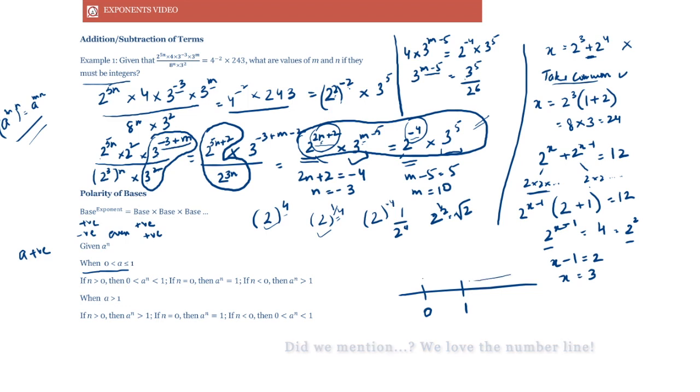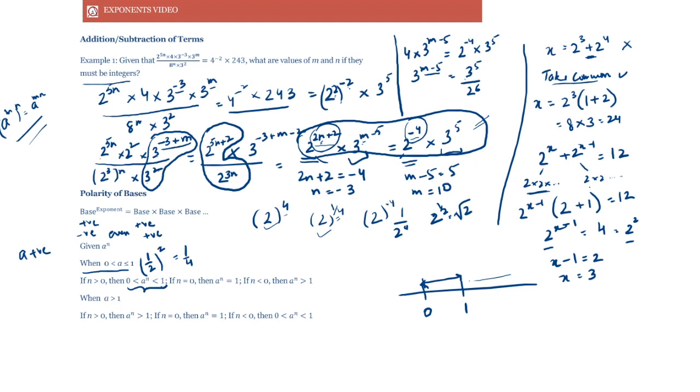When A is between 0 and 1, if n is greater than 0, then A to the power n is between 0 and 1. So what do I mean by this? Let me take A as half. If n is greater than 0, let's say I put it to the power 2. What do I get? I get 1 by 4. So A to the power n stays between 0 and 1.